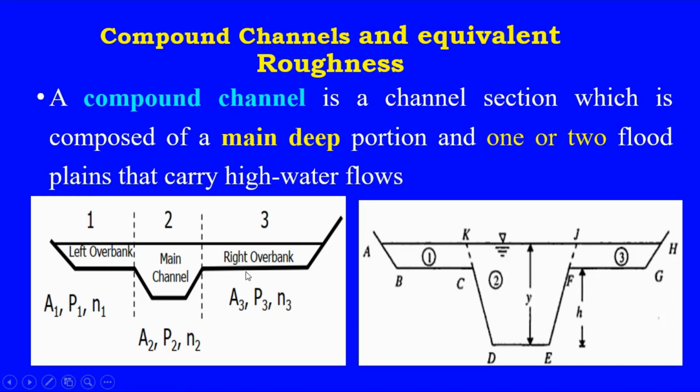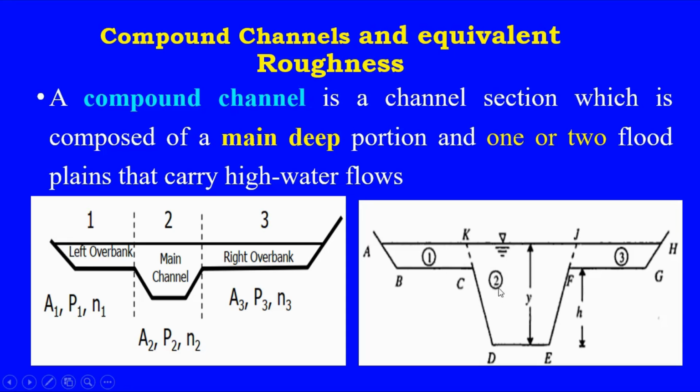The main channel carries the dry weather flow, and during the wet season the flow may spill over the banks of the main channel. During the wet season, the flood may overtop to these flood plains, the right or left bank, the adjacent flood plains. A majority of natural rivers have compound sections due to turbulence and overtopping of the flood.